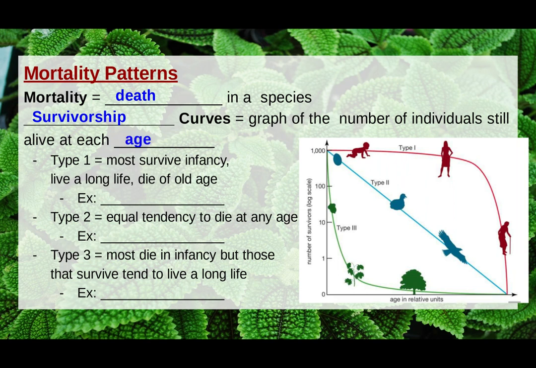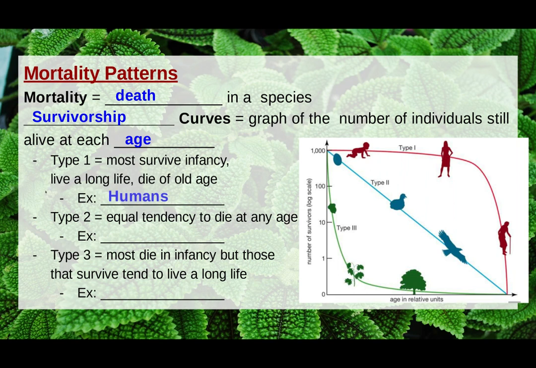We're going to group this into pre-reproductive, like your infants, reproductive age, like your adults, and then post-reproductive age, like your senior citizens, the older group.